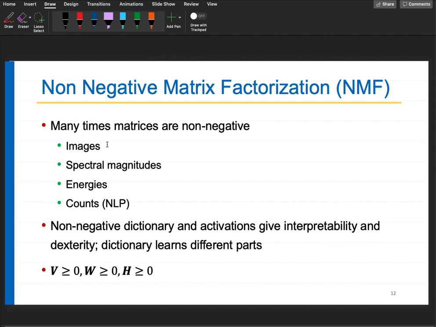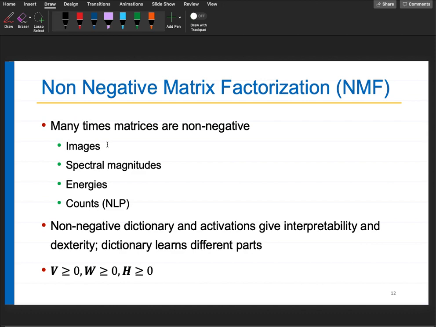And then spectral magnitudes. If you work with audio, time series, different signals, and you take their spectra, they are complex numbers. But if you take their magnitudes, they are non-negative. So spectral magnitudes are non-negative. Then energies are non-negative. Similarly, counts.